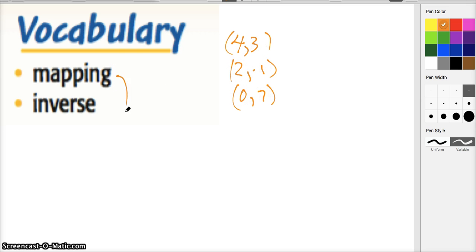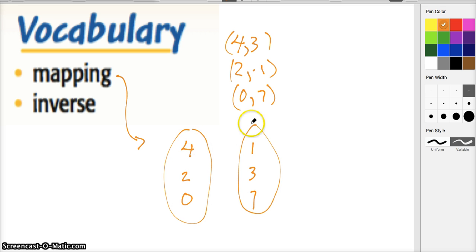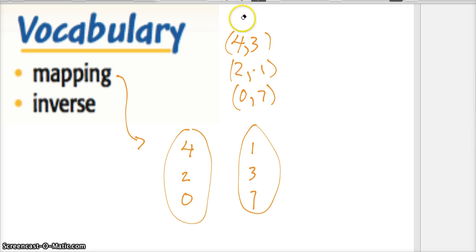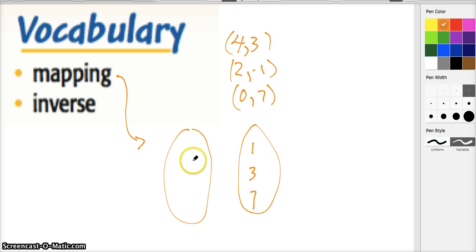So how I can show this relation is in a particular way as ordered pairs, but I can also show it as a mapping. So I could have one group of numbers here. These are my x values, and these are my y values, and I just chose to write them in a different order. In fact, I'm going to write the x values from 0, 2, and 4 just in increasing order.